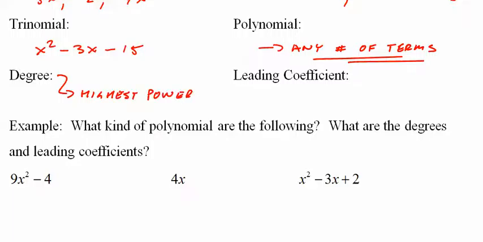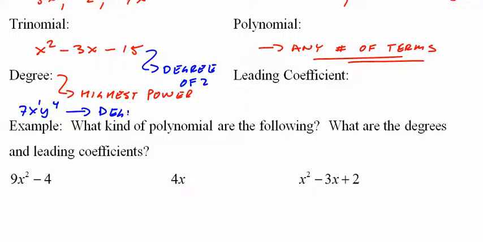So as an example, this has a degree of 2. If I gave you 7xy to the 4th and said, what's the degree? You would say the degree is 5. So you have to take the x to the 1st and the y to the 4th. You will see that on a quiz or test, so be prepared.